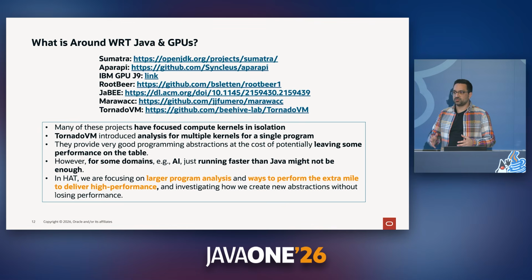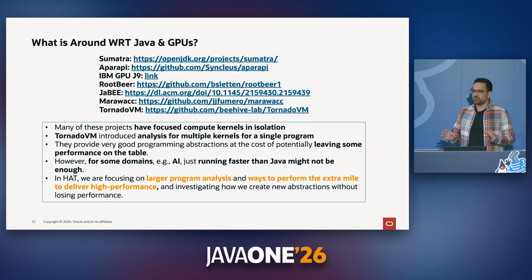What people want is to be as fast as native if possible. So as I mentioned, in HAT we're taking a step further and learning from all these projects in the past to go the extra mile. Hopefully, by the end of the presentation, I can convince you of the work we're doing here.